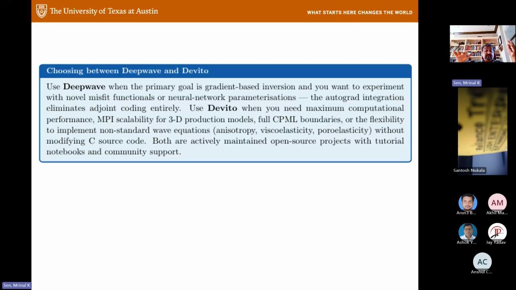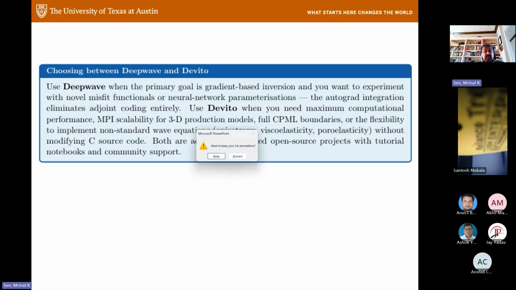It has all of these checkpointing and parallelization, OpenMP, MPI, and also if you have a GPU version, it runs on GPU. Okay, so you can maintain both of these for tutorial notebooks and things like that. So any question before I move on to the next topic?